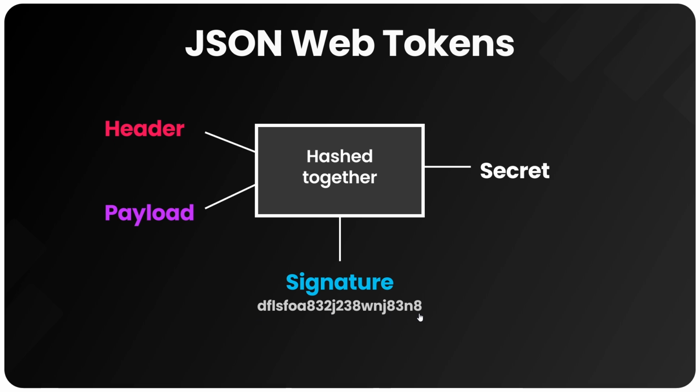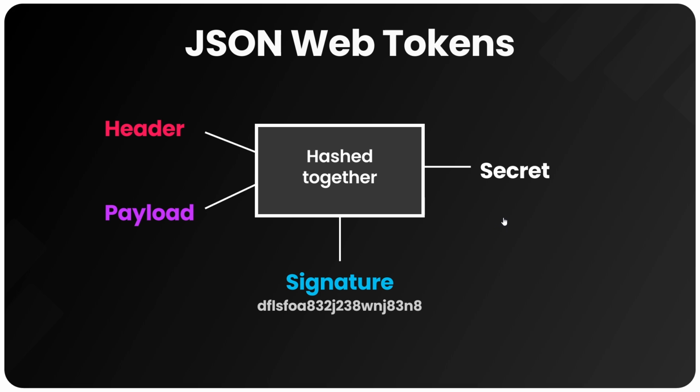Now, this unique signature for this user can only ever be made by the server because only the server knows the secret string used to make the signature. So for this reason, the secret string must remain a secret, known only to the server, because it's the key to unlocking and verifying the JSON Web Token. So never publish the secret to anything like GitHub or use it within your public code.